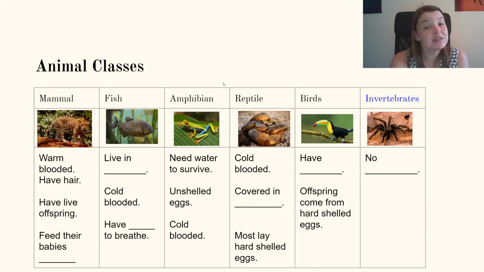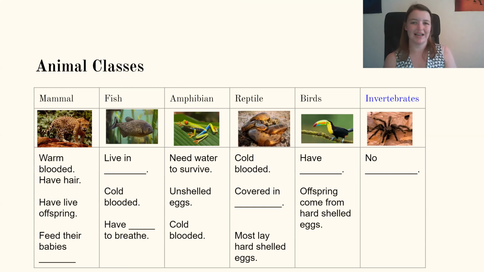So to help us to start with, I thought it'd be useful to recap some of our learning from the infants and to remind us what exactly makes our 6 classes of animals and what the differences between them are. So first we have the mammal. The mammal, like a jaguar, is a warm-blooded animal and it has hair, it's got live offspring and it feeds its babies.